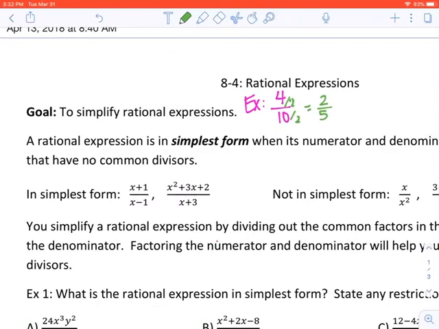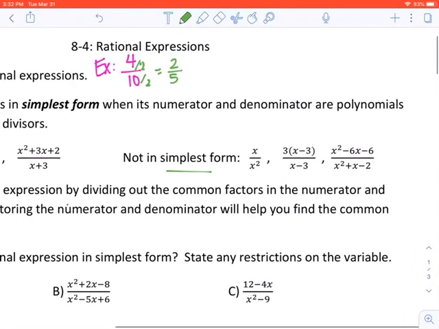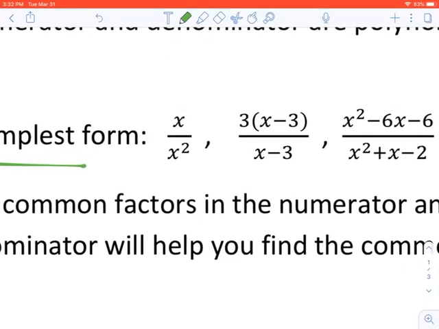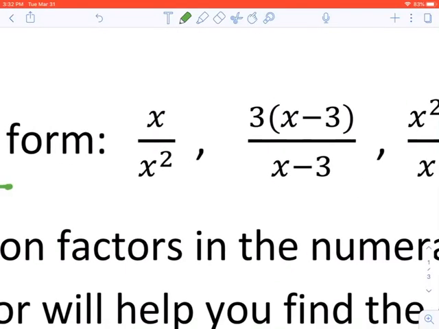If we come over here, the ones that are not in simplest form, though, it gets a little bit more challenging when we're looking at variables. For this first one, x over x squared, okay? These are common variables that we can simplify, and hopefully you notice with x over x squared that this is x to the first, and if you remember our exponent rules, we can subtract our exponents. So 1 minus 2 is going to be -1, but we don't like negative exponents, so it stays on the bottom.